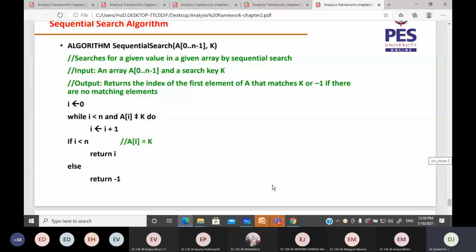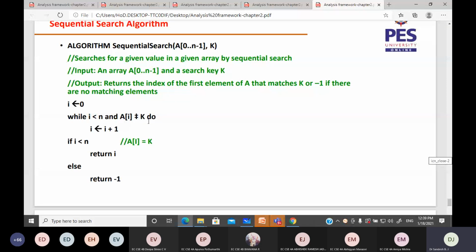So initialize i with 0. So you take an array of elements and give a key element, and continue till i is lesser than n. If the key element is not equal to the element in the array, you increment i.